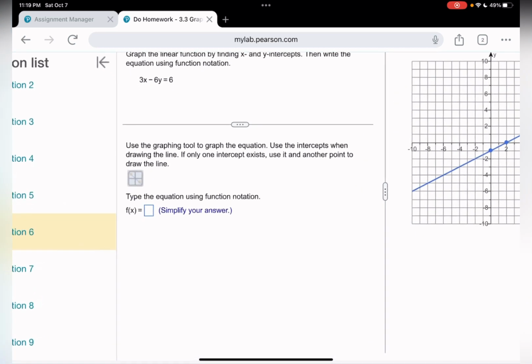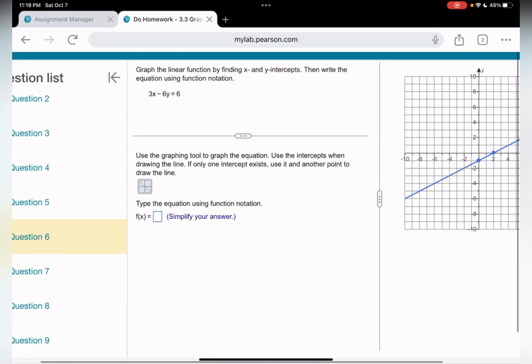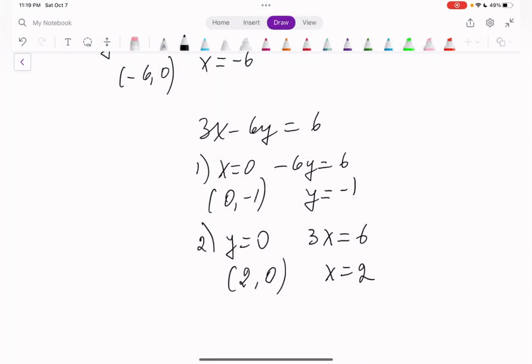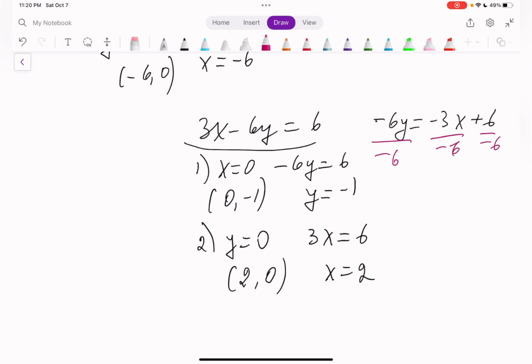All right, and we need to find the function notation. So, negative 6y is equal negative 3x plus 6 from here. And dividing by negative 6, I'm getting y is equal x over 2 minus 1.